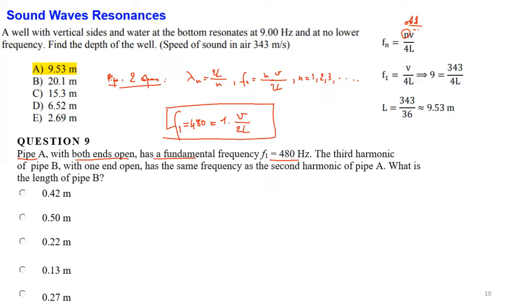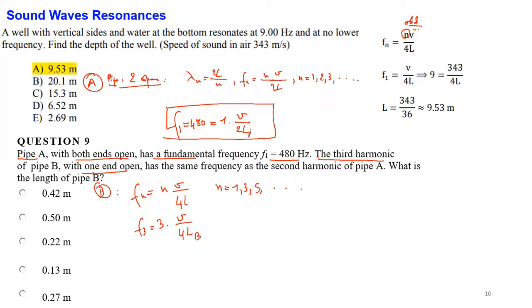And then I have a pipe B. The third harmonic of pipe B is one open end. So this is for A. Of course, for B, Fn is NV divided by 4L, and N has to be what? Odd. 1, 3, 5, etc. So third harmonic here means F3, 3V divided by 4LB.